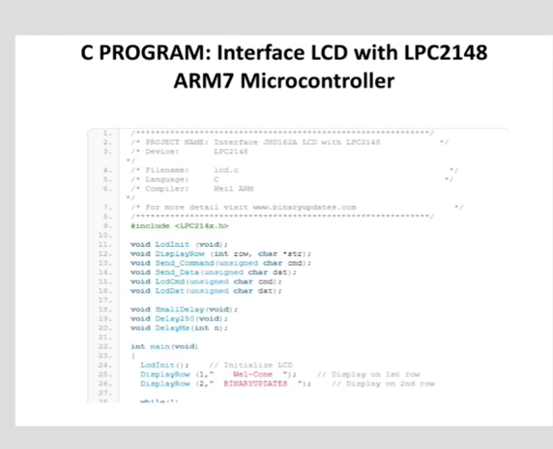When P1.16 status is high, that is plus 5 volt, then the LED will not glow, and when this is low, then the status LED will glow.